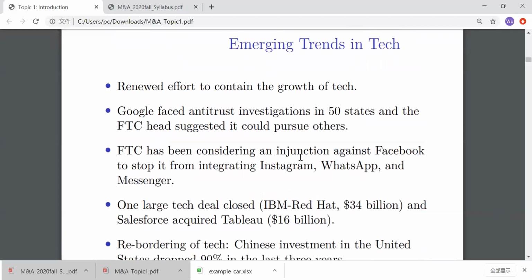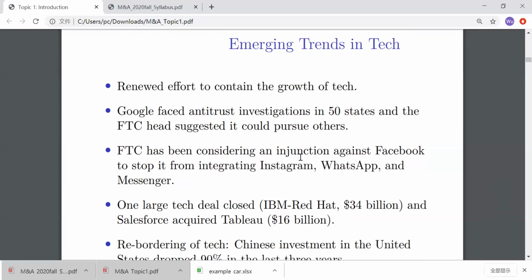Now we're going to talk about the very hot features in these years that drive merger and acquisition: the emergent trends in technology that were the driver of M&A activity in recent years. One of the trends in technology is that there have been renewed efforts to contain the growth of technology. And why do we need to contain the growth of technology?